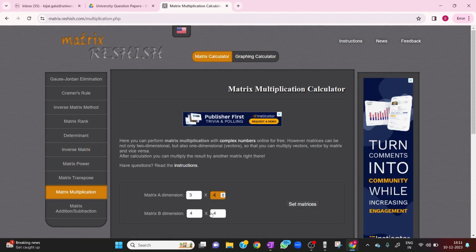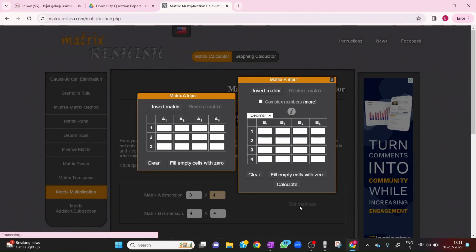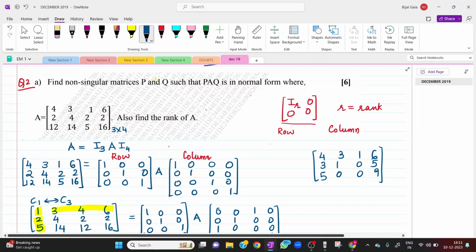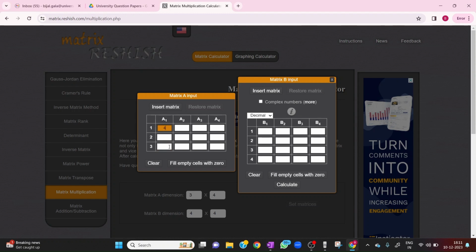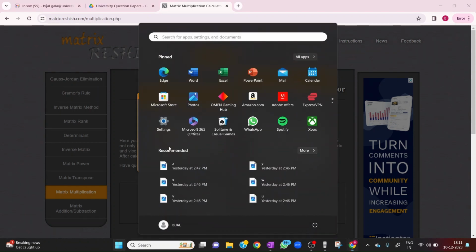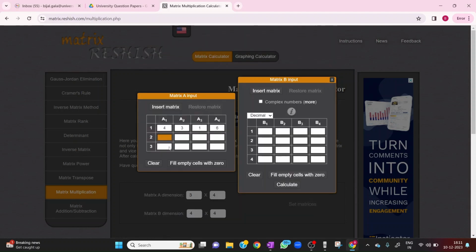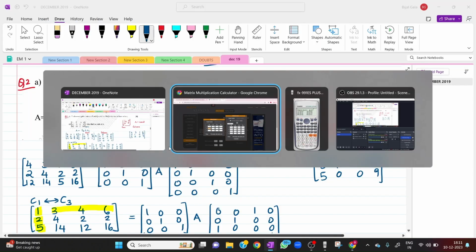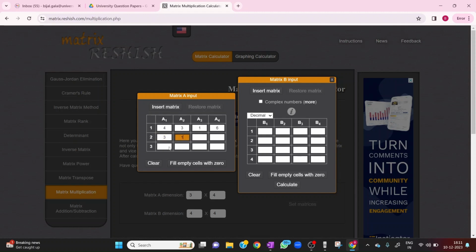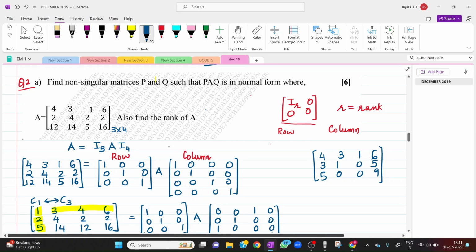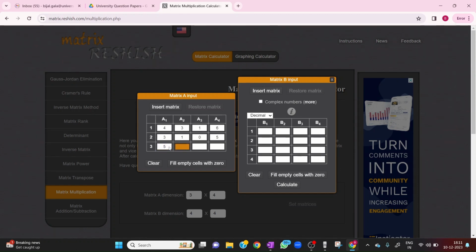This time 3 cross 4, which was the answer, into 4 cross 4. Let's put in the values here. 4, 3, 1, 6. Then you have 3, 1, 0, 5. Then we have 5, 0, 0, 9.